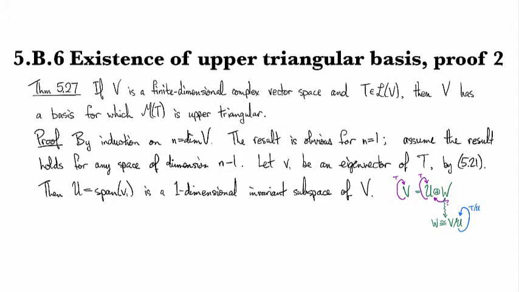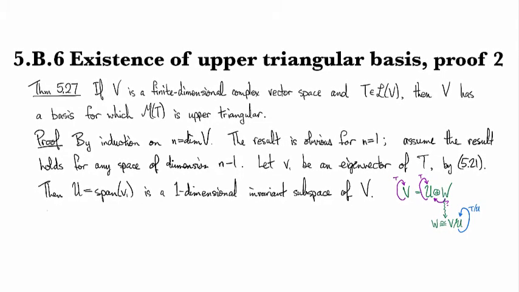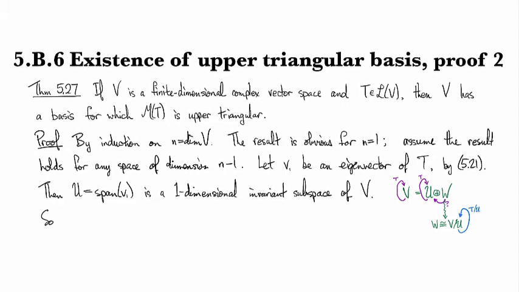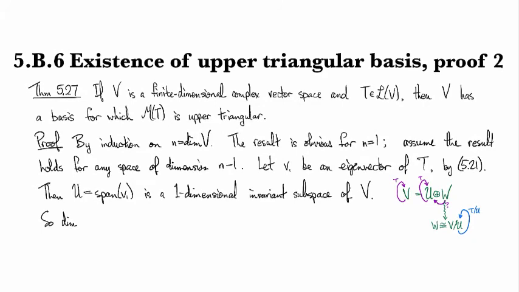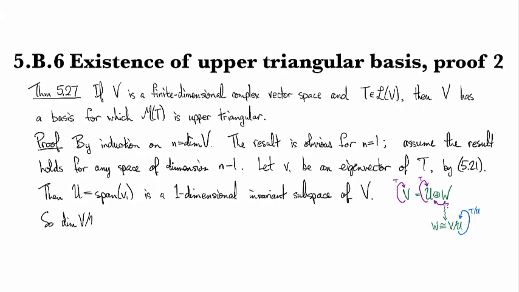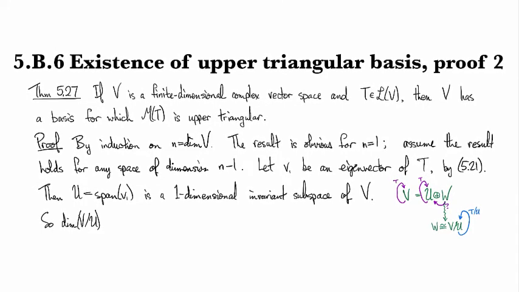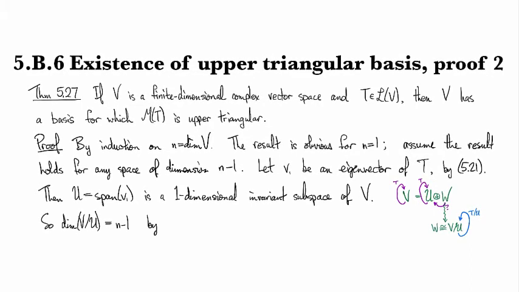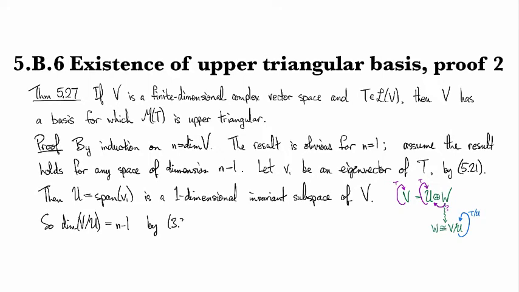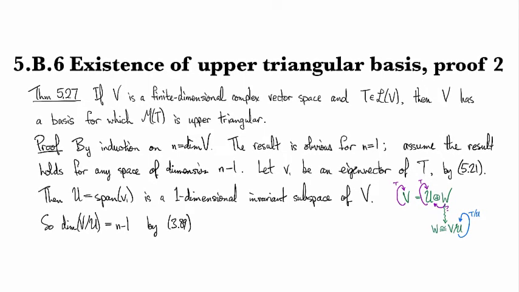Okay, so getting back to the black ink, let's see. So now the dimension of V mod U is going to be n minus 1 by 389.